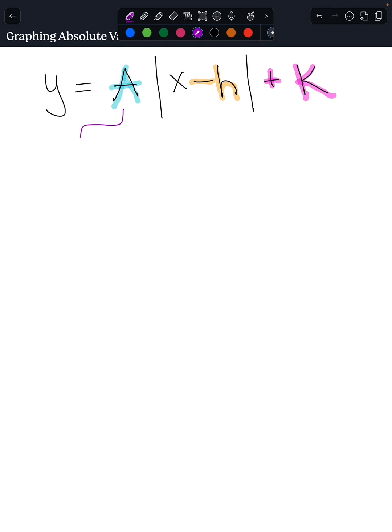A does a couple of things. A determines, number one, your opening, if it's going to open up or down. Again, this is going to be the same information used when we get to quadratics, so this is good information to know. And A also determines if it's going to be a vertical stretch or a vertical compression.